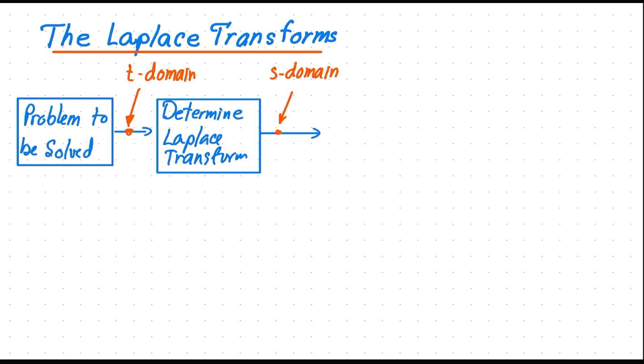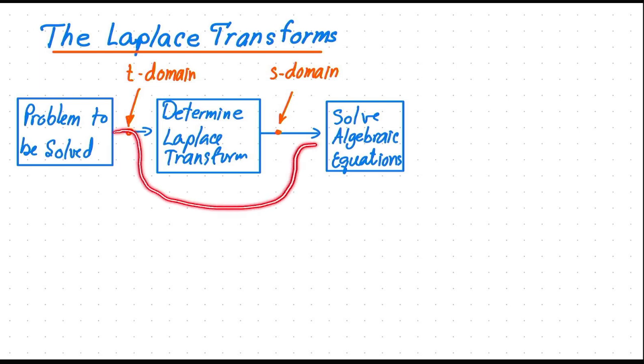Once we get the Laplace transforms of all the things that we wanted, we're going to have to solve just an algebraic equation. If we don't do Laplace transforms, if we direct this output into this, then we cannot solve it by algebraic equations.